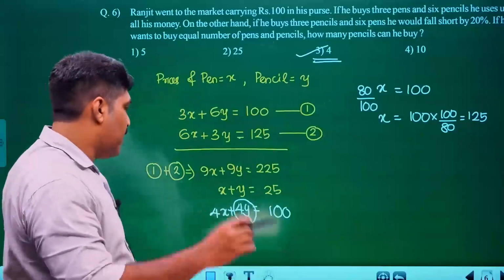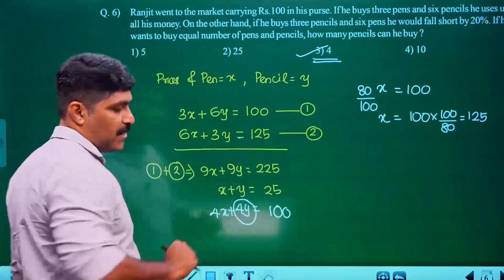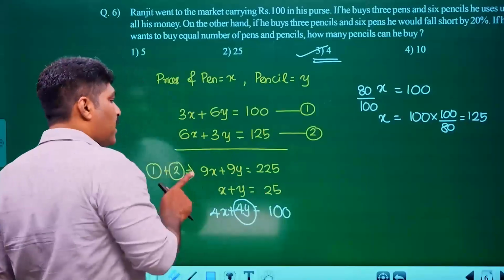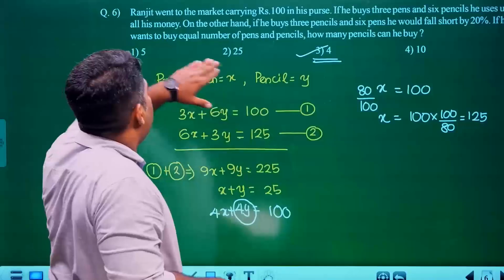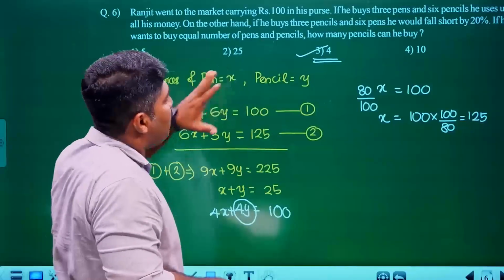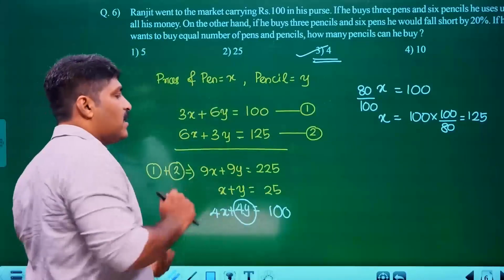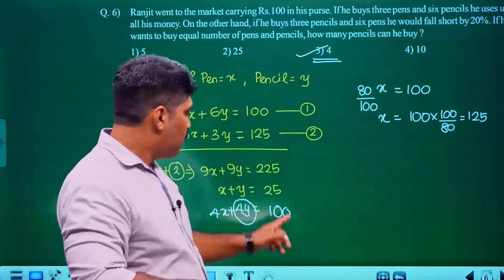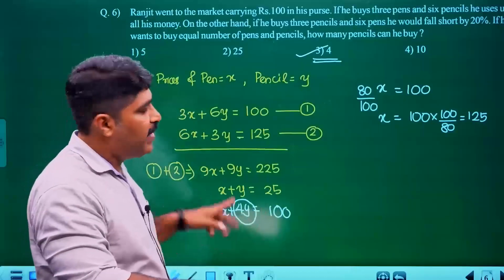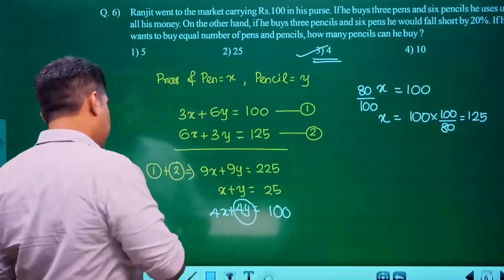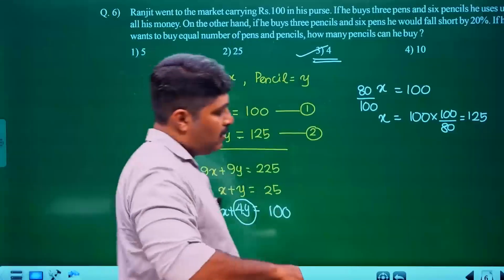So understand that point clearly. And then the final point: we need to consider that final statement. He wants to buy an equal number of items. So what is the number of pencils he can purchase? Based on this conversion, we reach the conclusion. Therefore, the answer is 4 here.